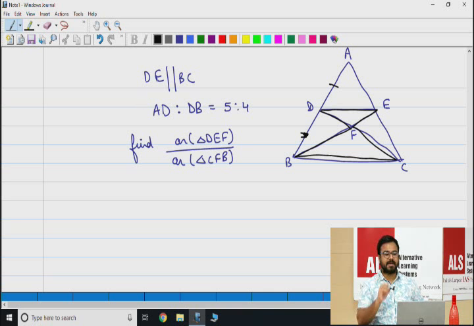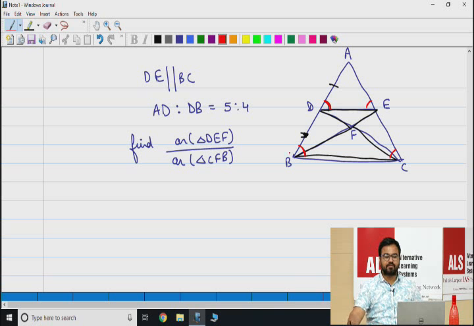The DE is parallel to BC. It means this angle and this angle, and similarly this angle and this angle, are equal. These two are similar, right?